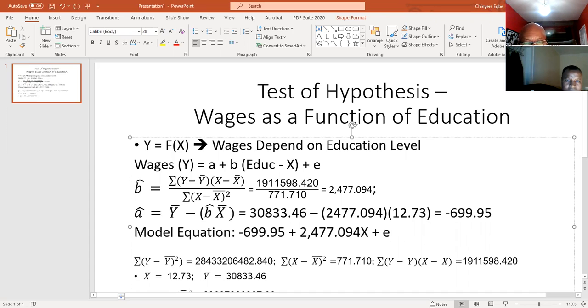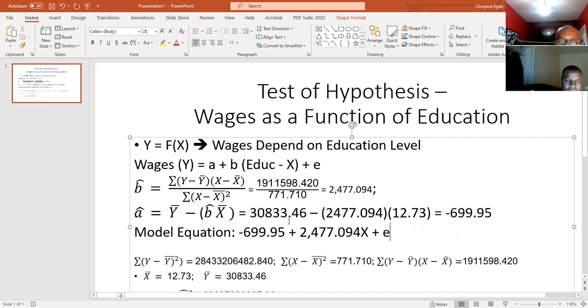For example, suppose you are taking a sample of high school teachers or college professors or elementary school teachers. Suppose you never went to school and have zero education. What happens? You're not going to get paid at all, not any penny. But for each additional year of schooling, your wage will go up by 2,477, which is the slope, the B hat. So this is what this model says.